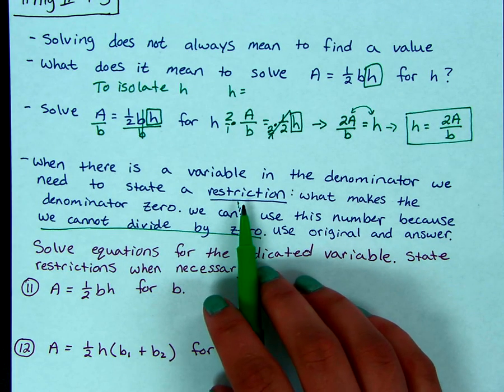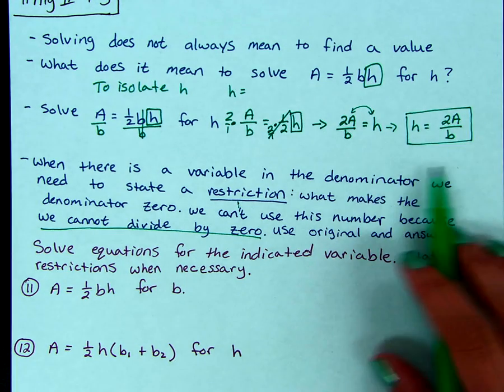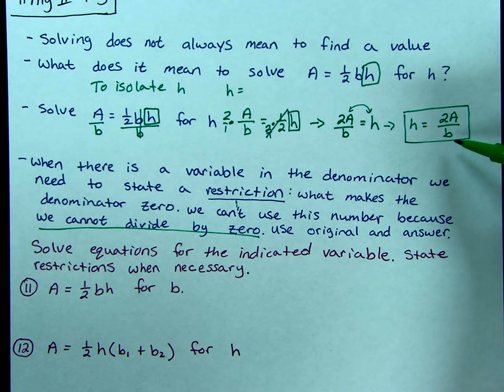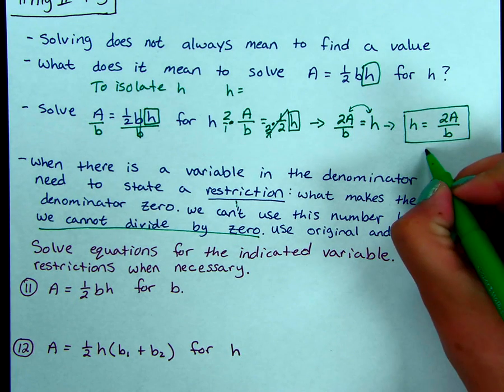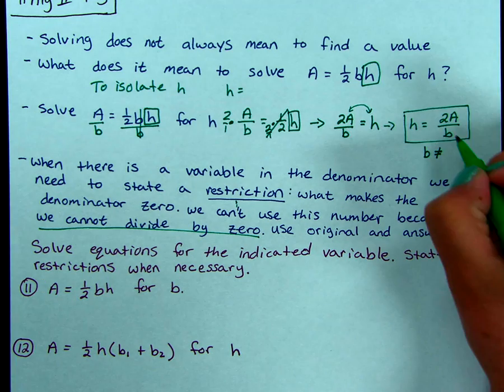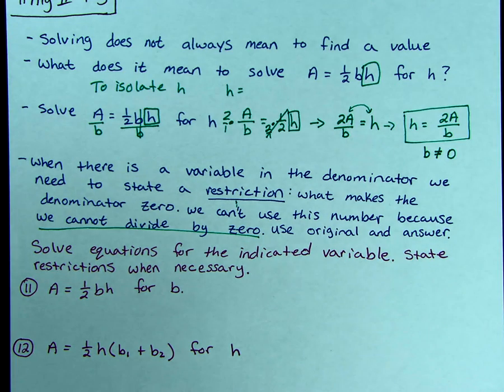If I'm looking at this problem right here, I have b in the denominator. So that means that if I start substituting in numbers, I can't substitute 0 into this spot, because then we're dividing by 0. My restriction for this problem is b cannot be, so it's an equal sign with a slash through it, and then 0.